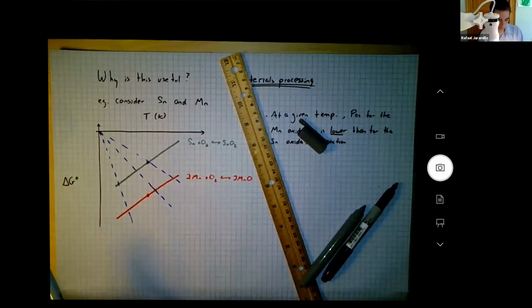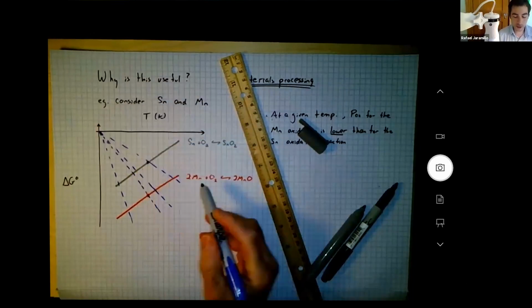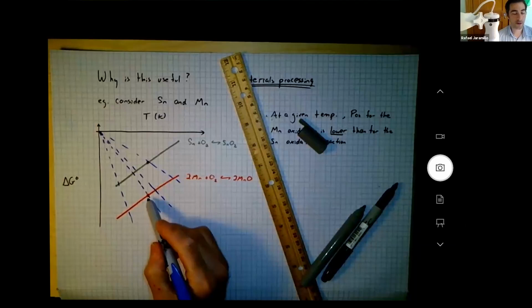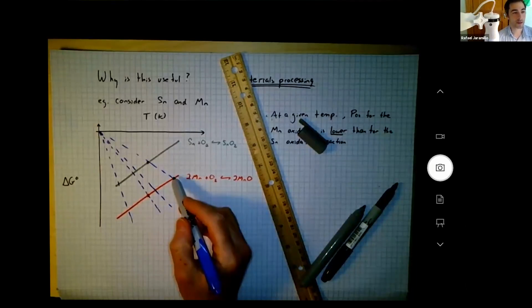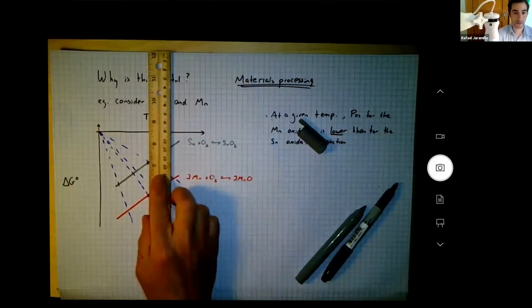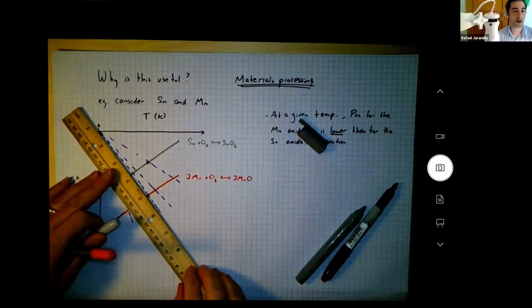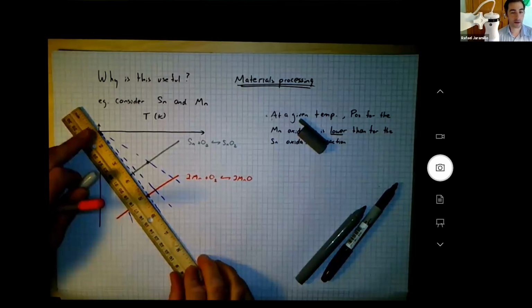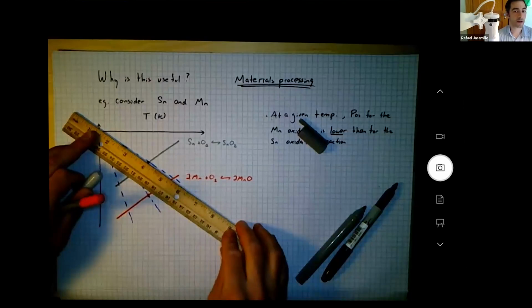Well, the PO2 contour that runs through the manganese oxidation line at that temperature corresponds to a lower partial pressure than the PO2 contour that runs through the tin oxidation line at that given temperature. So again, at this given temperature, the PO2 contour for manganese oxidation is a lower partial pressure than the contour for tin oxidation.